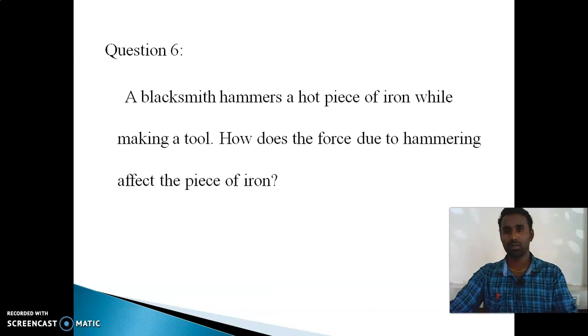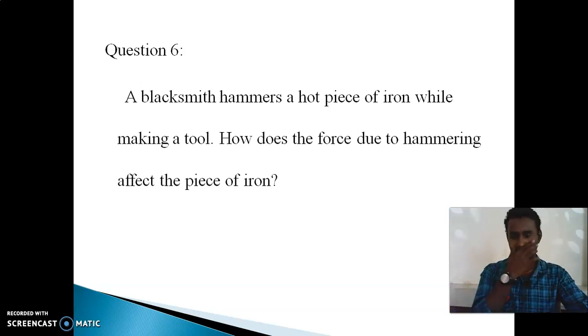Yes, question number 6. Question number 5, you can find the tabular column questions. A blacksmith hammers a hot piece of iron while making a tool. How does the force due to hammering affect the piece of iron? First you have to understand the question.